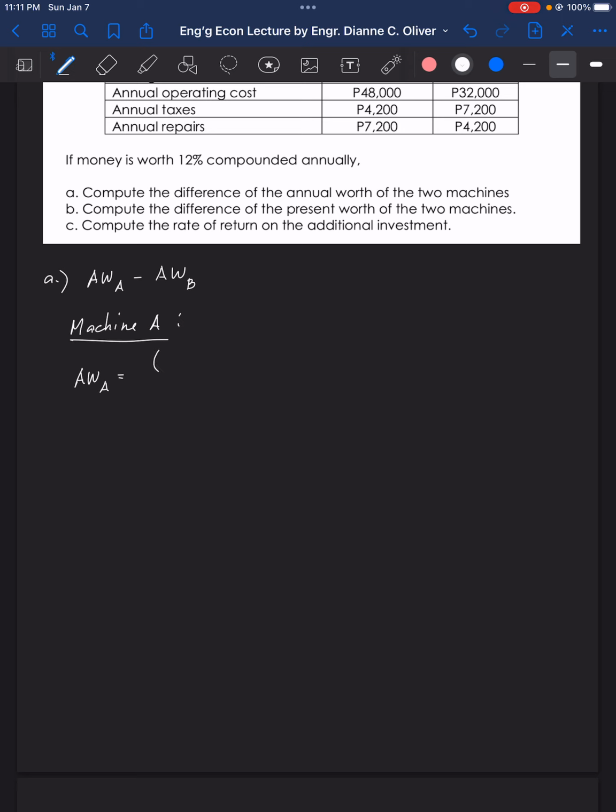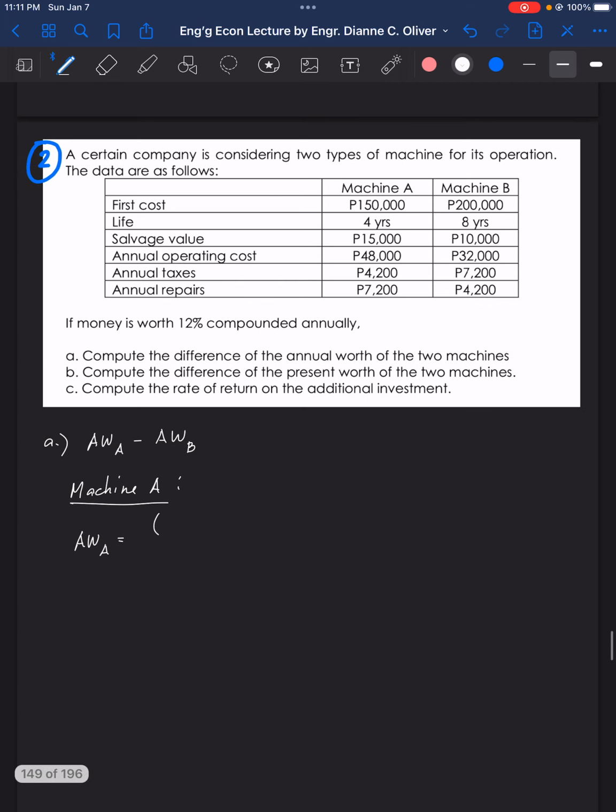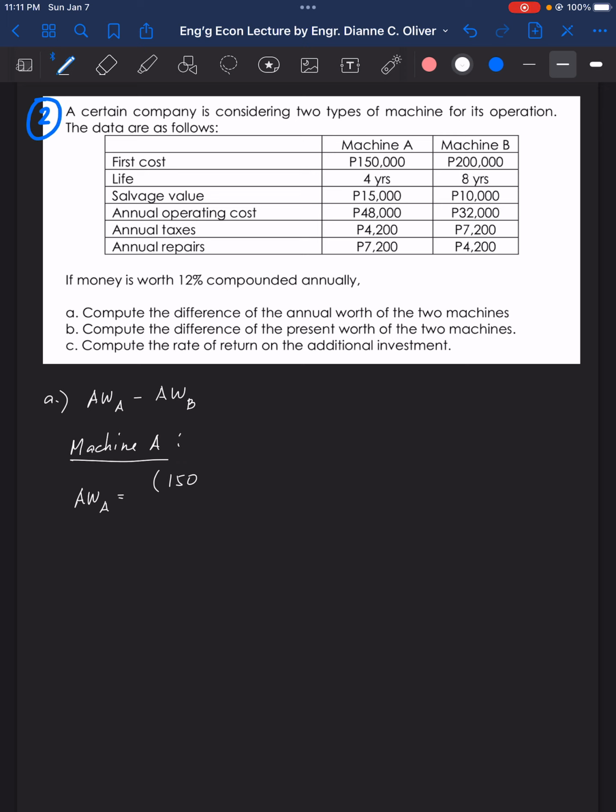The first cost for the machine is 150K, minus the salvage value of 15,000, times 12% divided by 1 plus 0.12 raised to life of 4 years minus 1, plus the annual operating costs of 48K, plus annual taxes of 4,200, plus annual repairs of 7,200.